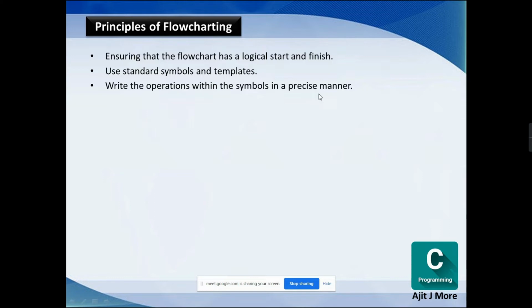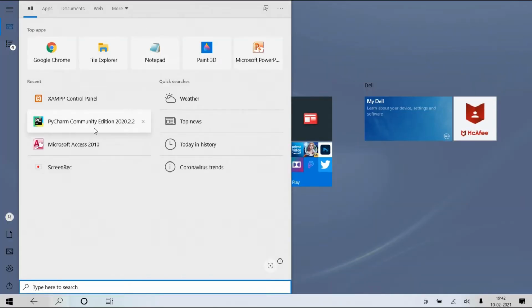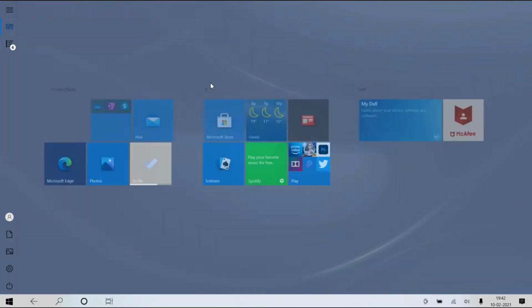And someone may say add B to C and store in A, or someone may say just compute A plus B. So in different ways they can, because it's a natural language. Here they say fix some standard words you write within that symbol. Then avoid cross flow wherever possible. Correct? So don't unnecessarily draw the lines in any wavy manner.